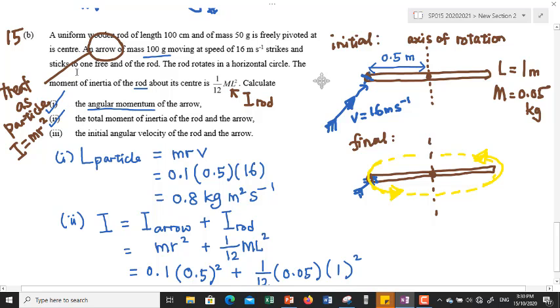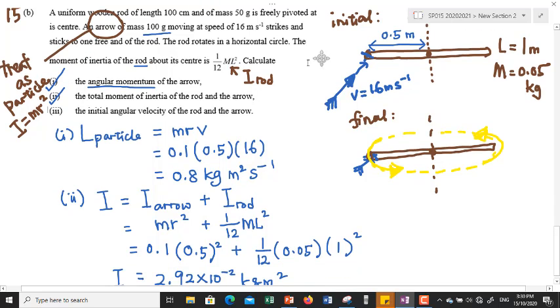Now we go for question 3. Question 3, we want to calculate the initial angular velocity of the rod and the arrow. We notice that after the arrow hits and sticks on the rod, it will rotate in a horizontal circle. So the question asks you to find the angular velocity, how fast the system will rotate in a horizontal circle.